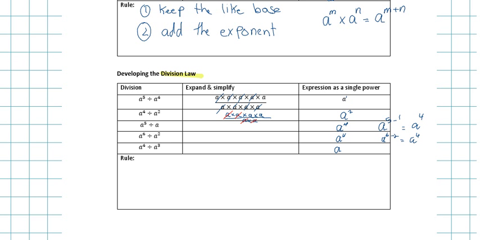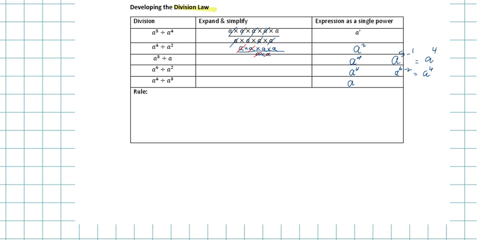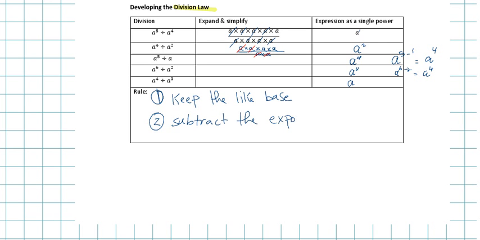Alright, so let's write the rules down. So you're going to keep the like base and subtract the exponents. Again, if the base is not the same, you can't do this. Are we good with that?